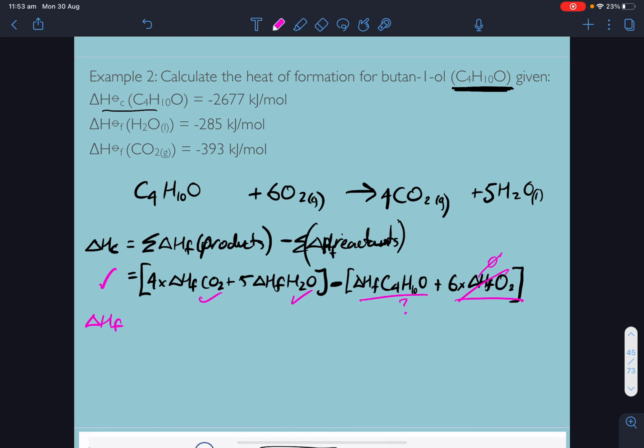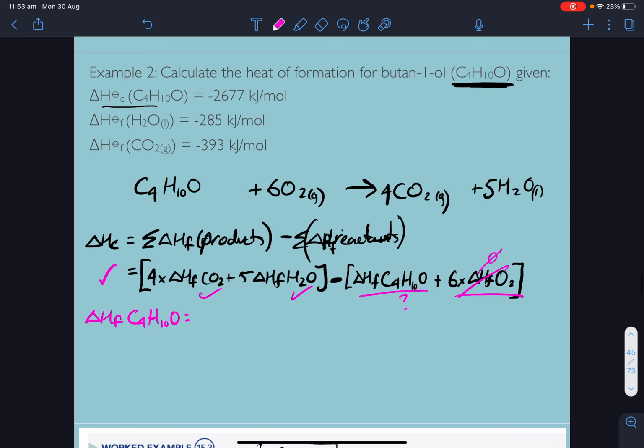So the heat of formation of C4H10O is going to equal, well, what's left on the other side? 4 times the heat of formation of CO2 plus 5 times the heat of formation of H2O, and I need to get rid of the heat of combustion from the other side, minus the heat of combustion for C4H10O.